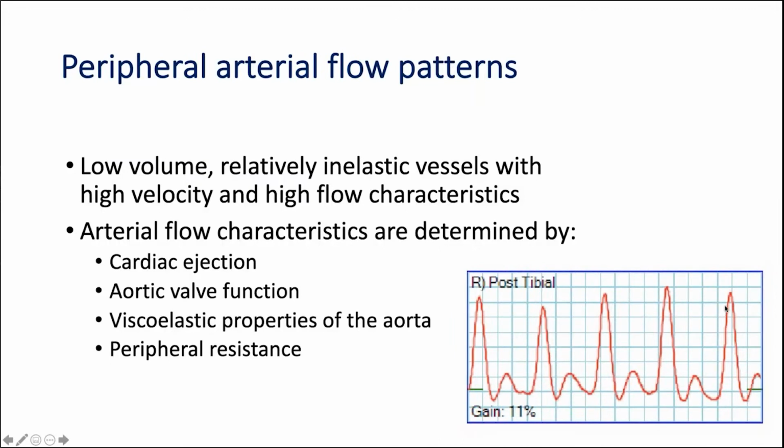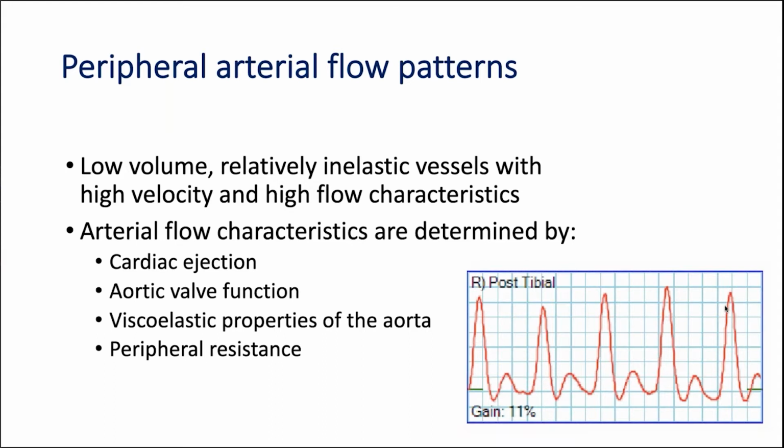To begin with, I think we should consider the general flow pattern that we see in peripheral arteries. And it's important to remember that peripheral arteries are relatively low volume and relatively inelastic blood vessels. Remember, only about 12% of the blood volume resides in arteries at any given time.